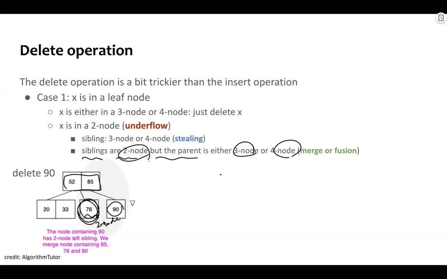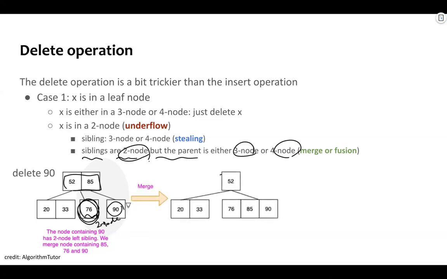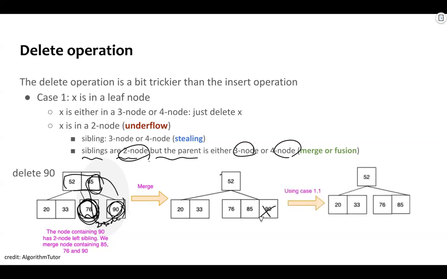And what we are going to do is merge these three parts. So itself, one of the parent, and its sibling. Then we can delete 90 like this, because this is the case 1.1. All right, so this is the deletion process. So you need to think about several cases like this.